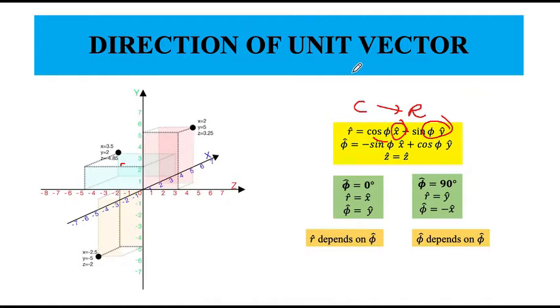So in this case you can clearly see that this cos phi would represent the dot product of r hat and the unit vector x hat. Similarly, r hat dot y hat will give me sin phi.